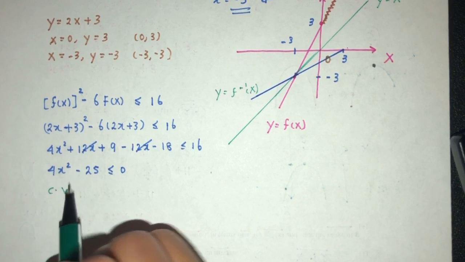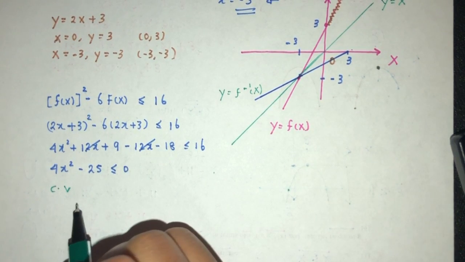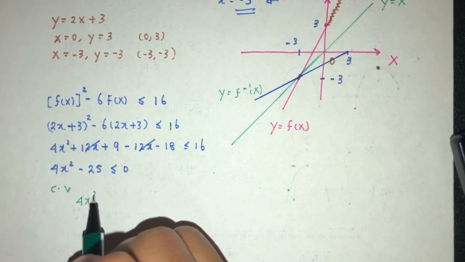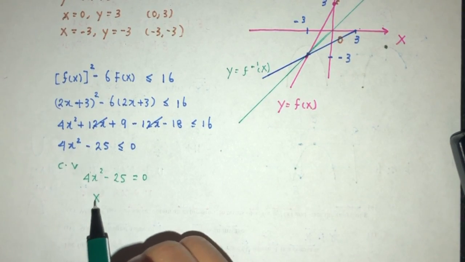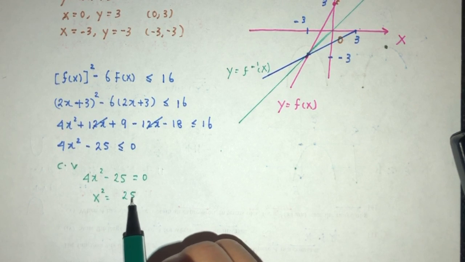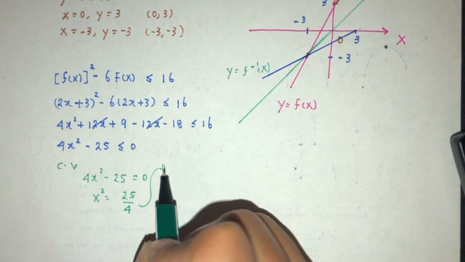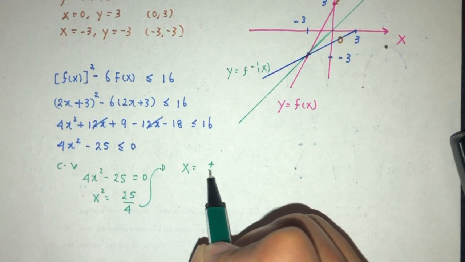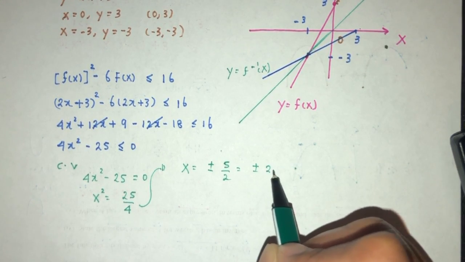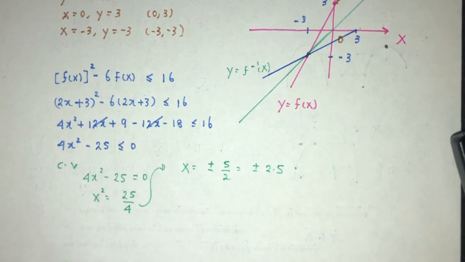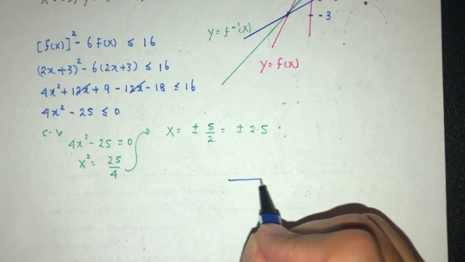First, let's find the critical values of x. That will be 4x squared minus 25 equal to 0. So x squared will be 25 over 4, which means x has to be plus minus 5 over 2, which is plus minus 2.5.